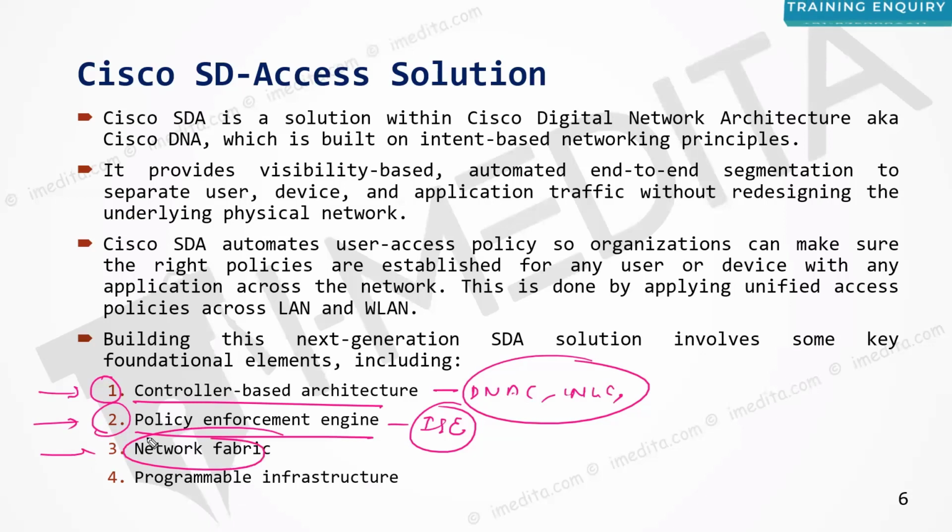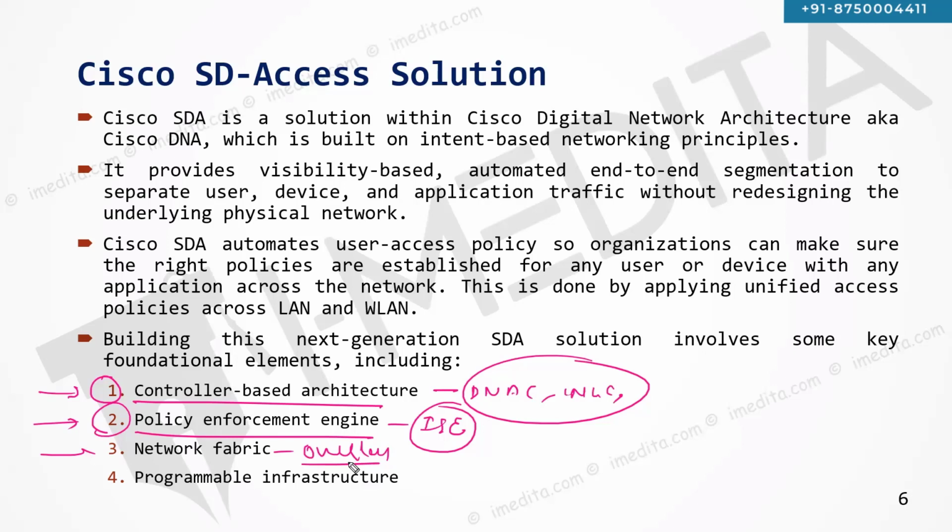Network fabric. Every time you hear the word fabric, it typically means overlay. The underlay is already there. We already have our campus network built. We already have our access layer, distribution layer, core layer, and edge routers. We already have our complete reachability. Now we are going to build a logical network on top of that, and we are going to call that the SDA fabric, a network fabric.